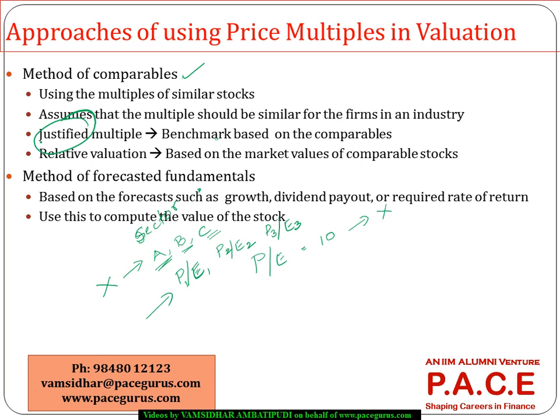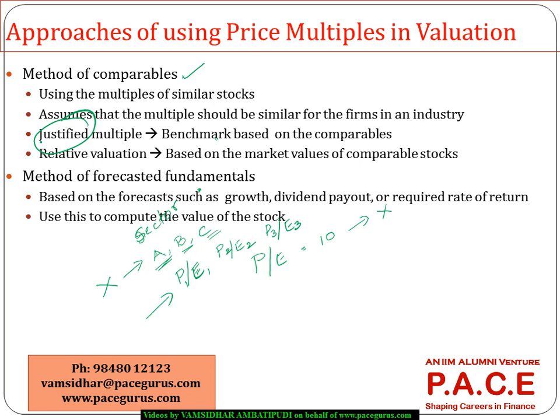You look at a series of companies which are comparable with this particular company, or you take an index which can be compared with this, which is more or less in line with this company, find out the multiple for that index or series of companies, use some kind of calculation, and say that this is the benchmark value for the multiple as far as this company is concerned.